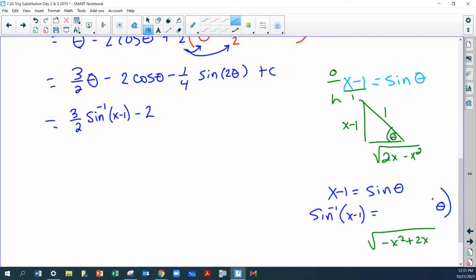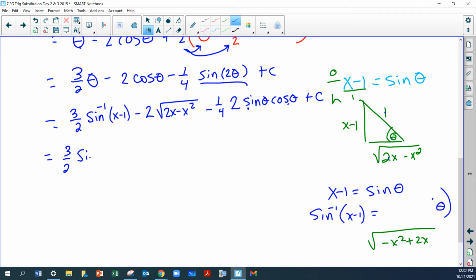Cosine is adjacent over hypotenuse, so that's going to be the square root of 2x minus x squared, minus 1/4 of, oh, son of a gun, we get sine 2 theta. That is equivalent to 2 sine theta cosine theta. Little trig identity there. Now, trade out sine and cosine. We're almost done.